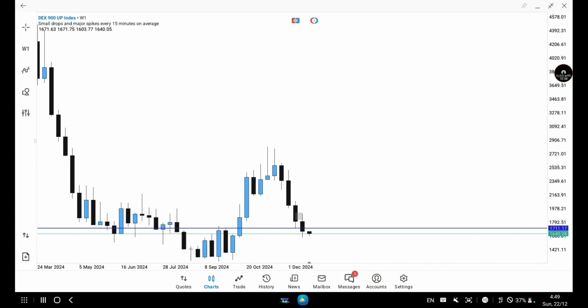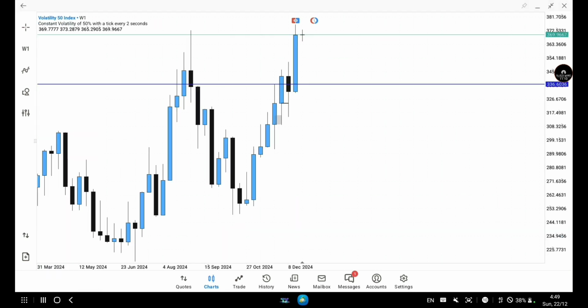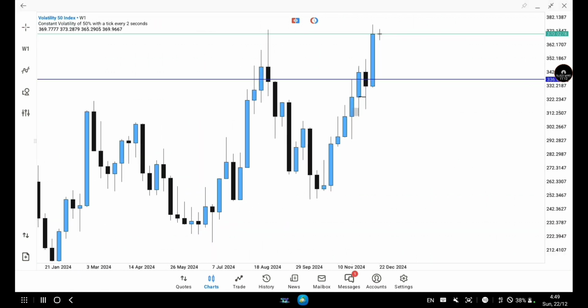These indices are easier to trade as compared to other markets which are available, because they are not affected by multiple factors such as news, releases, and more. I would recommend you to trade it on the DAX indices, all these DAX 600, DAX 900, and DAX 1500. And I would also recommend Volatility 50, obviously, because you can clearly see why.